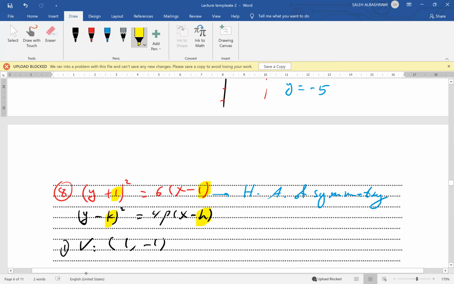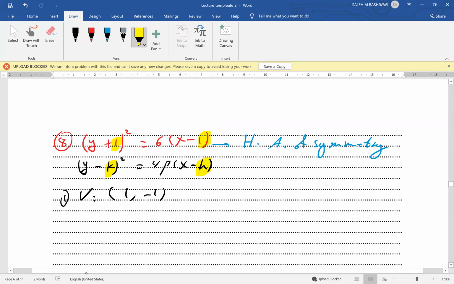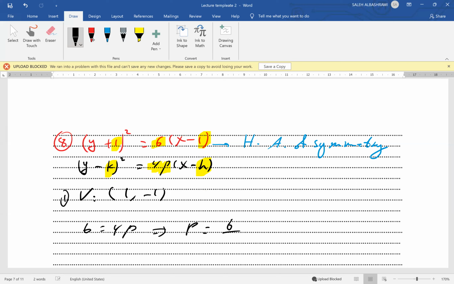Take the opposite of the sign given in the equation. Now let's find p. We have 6 equal to 4p. This will give me that p equal to 6 over 4, or 3 over 2. And this is positive, greater than 0.